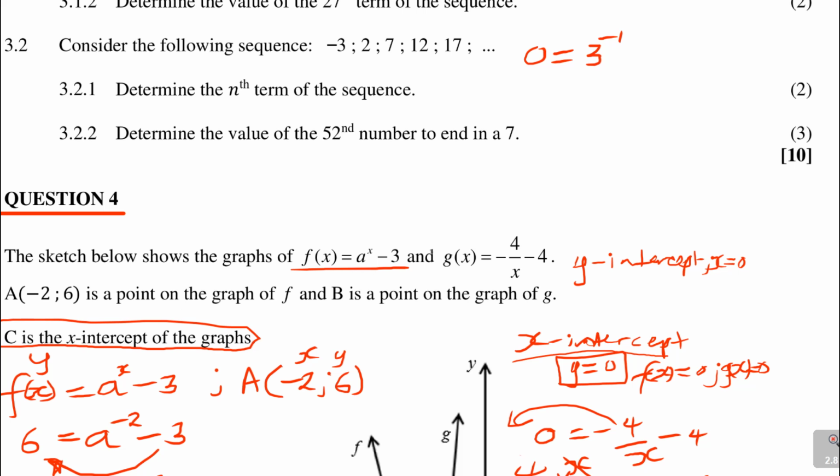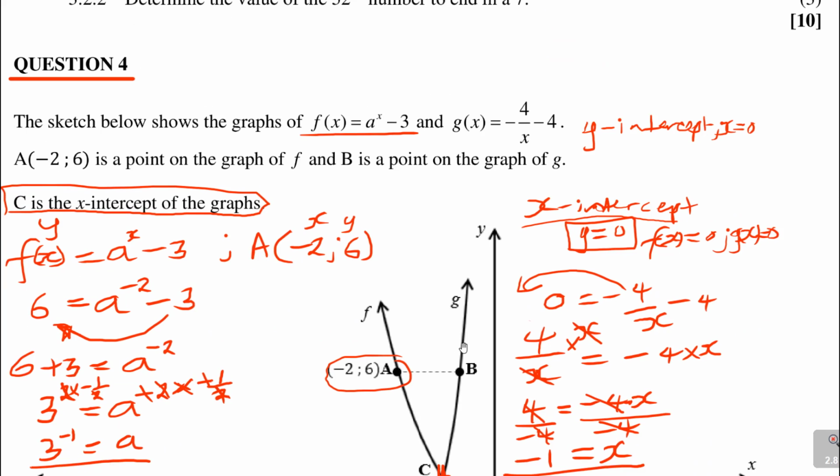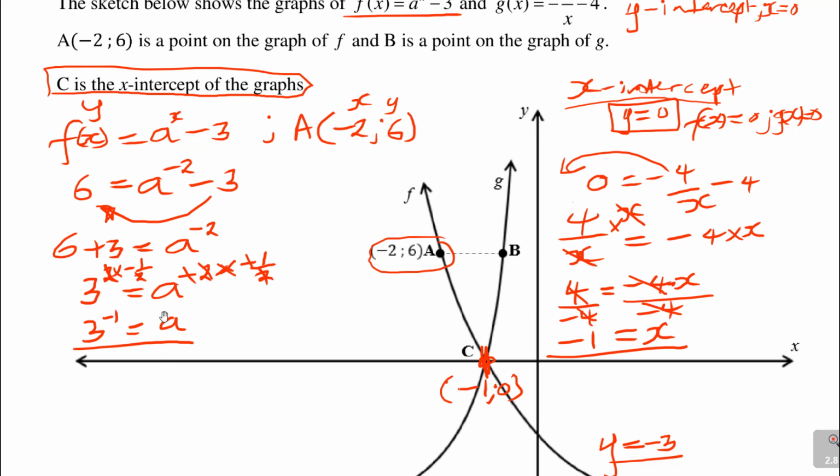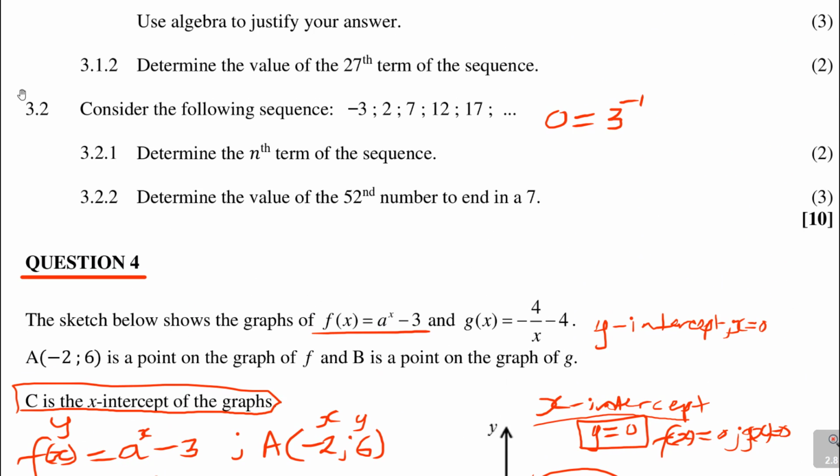Remember, they did tell us here. We solved it to say a is 3 to the power negative 1. So it's 3 to the power negative 1 bracket. It's better to put the bracket, then x minus 3. See that?